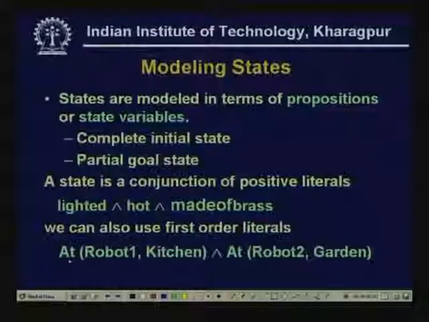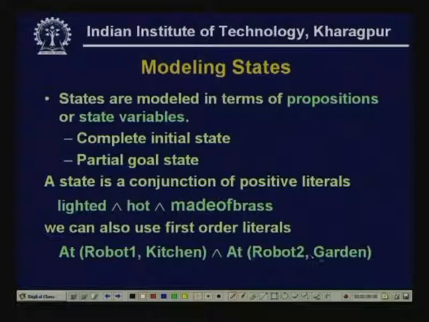We could also use first order literals. For example, we could use at robot 1 kitchen and at robot 2 garden. Now notice that at is a predicate, but the arguments are ground literals.